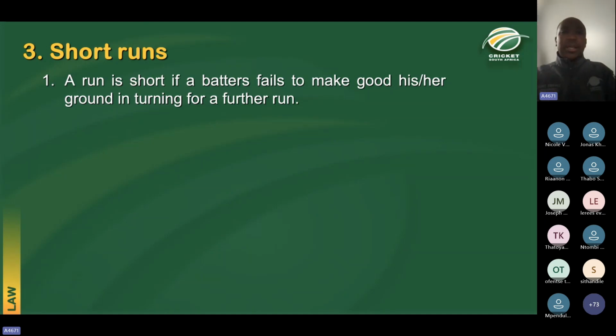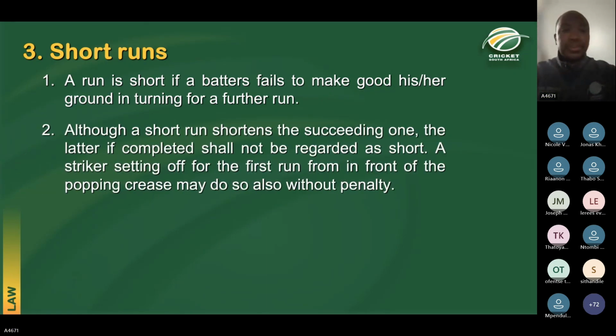A short run is on turning for a second or third or fourth run, where either batter does not ground any part of his or her bat or person over the popping crease before running for the next run. Although a short run shortens the succeeding one, the latter, if completed, shall not be regarded as short.